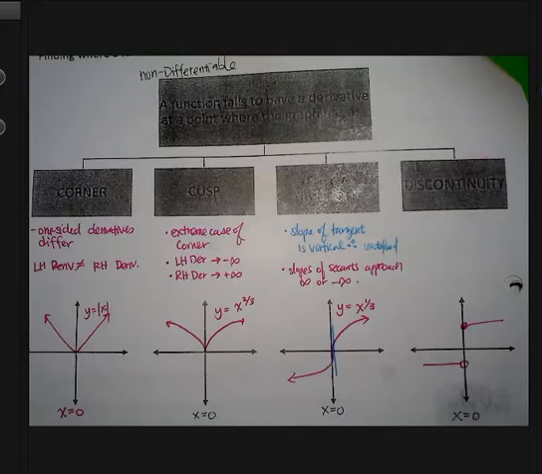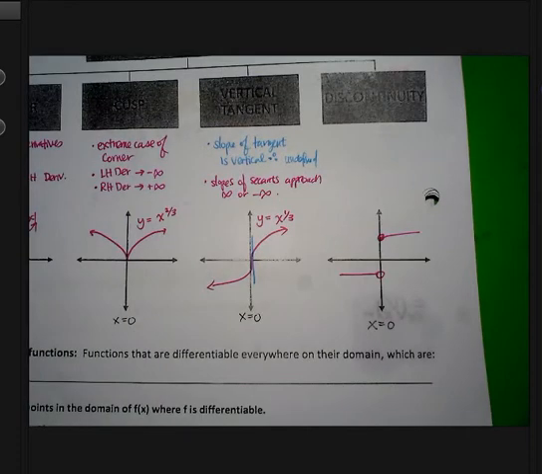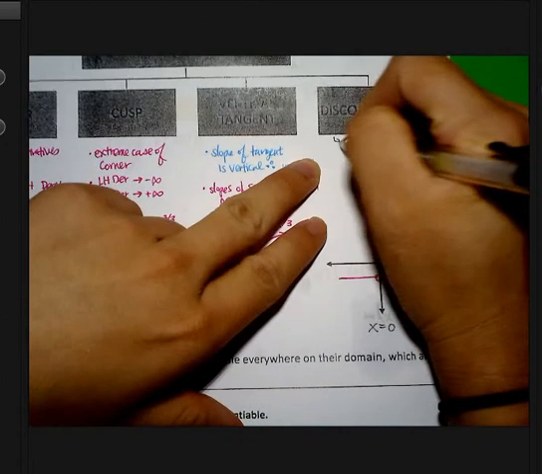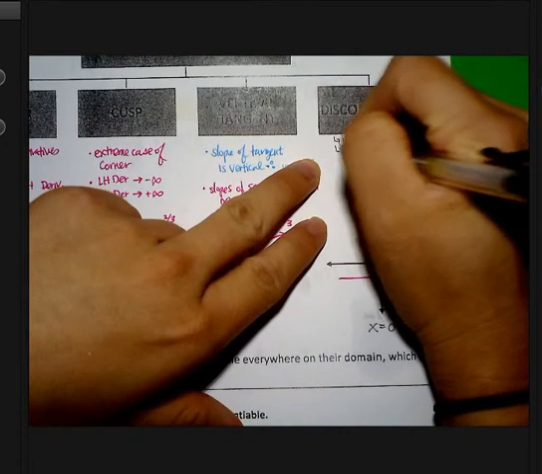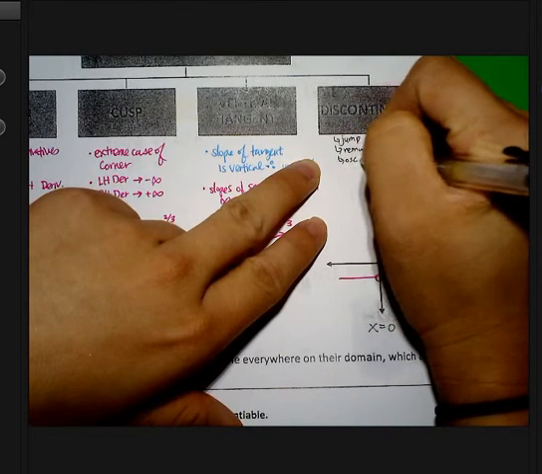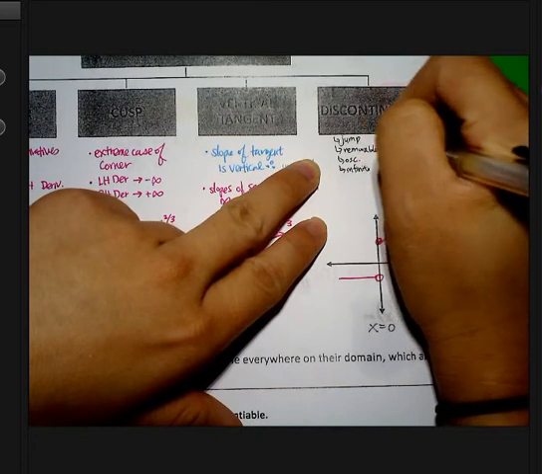Okay, so what about this one? This is called a what? What kind of discontinuity? Let's talk about what are the different types of discontinuities we have. Jump, removable, oscillating, and infinite. The ones that we see the most are these two, right?